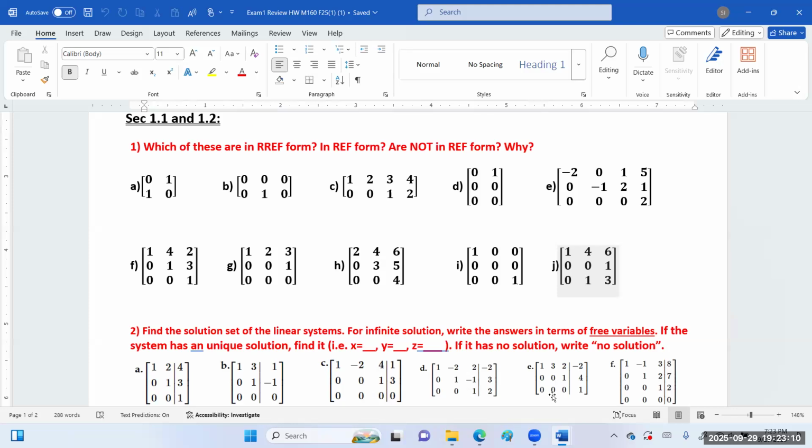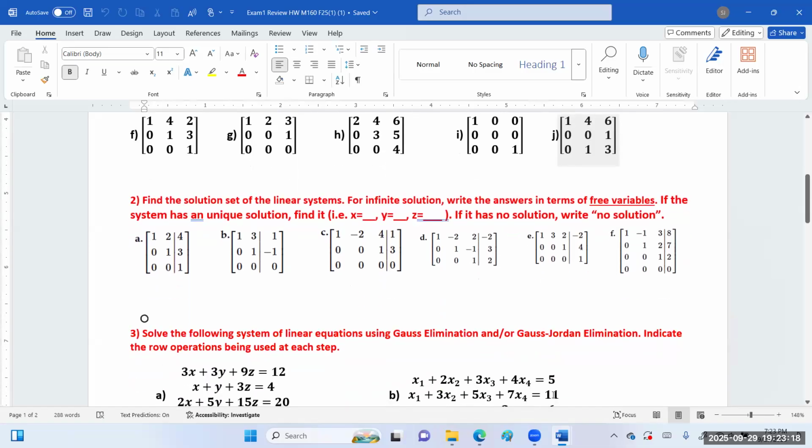At least 3, and there could be more than 3. Then the next one says that all the information is given. Based on the information, you have to figure out what type of solution you have. Do you have a unique solution? If you do, what's the value for each of them? What's x1, x2, x3, x4?